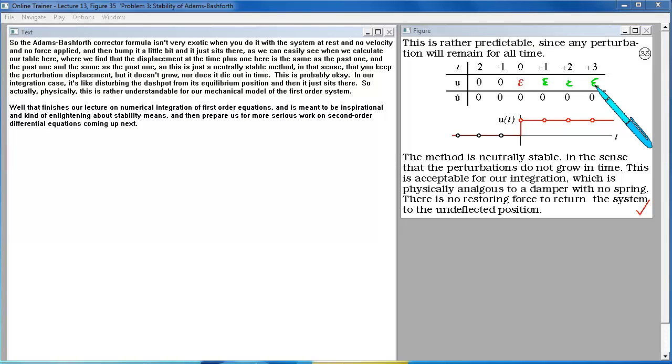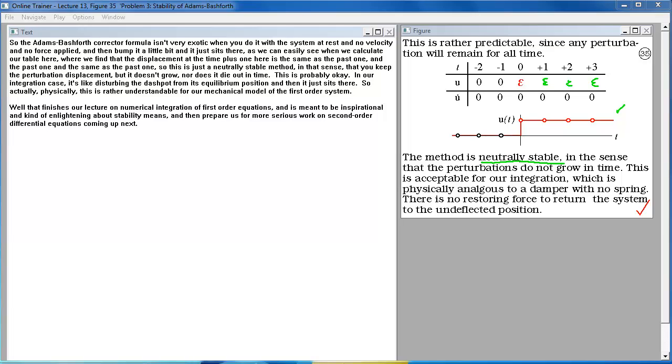So this is just a neutrally stable method in that sense, that you keep the perturbation displacement, but it doesn't grow, nor does it die out in time. And this is probably okay. In our integration case, it's like disturbing the dashpot from its equilibrium position, and then it just sits there. So actually, physically, this is rather understandable for our mechanical model of a first-order system.